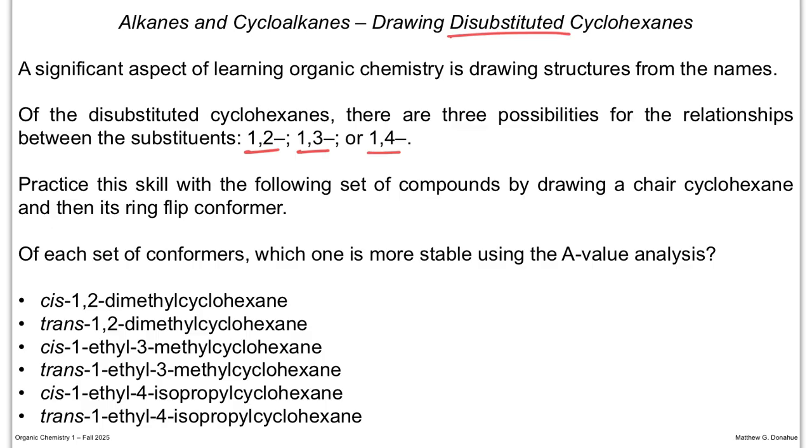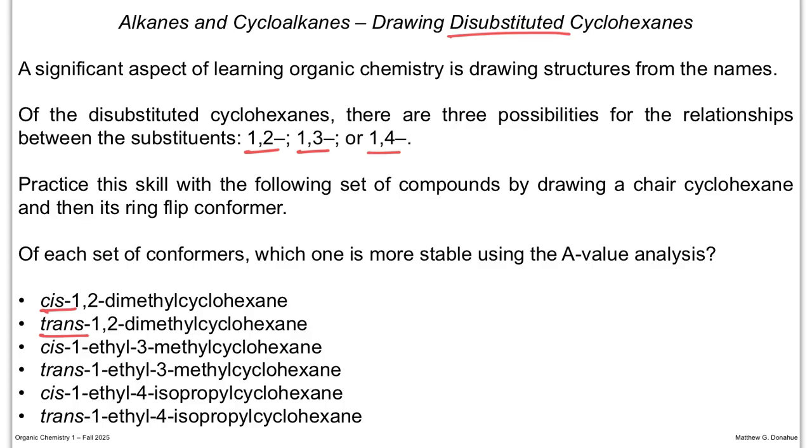So the thing now is, there's the positional relationship, but then I have these other terms in here, cis and trans. So cis means same, trans means opposite.